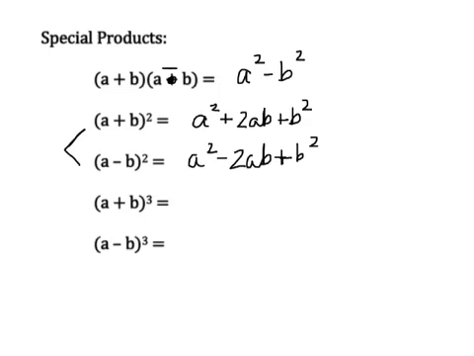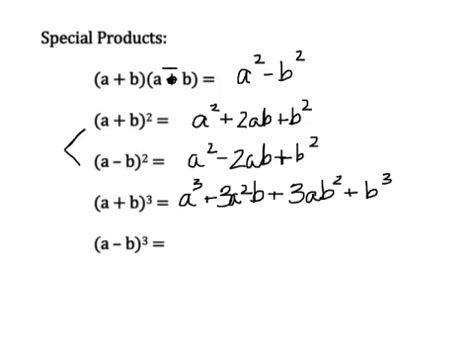Now, I have perfect cube trinomials, and they fit this pattern. A cubed plus 3a squared b plus 3ab squared plus b cubed. That's the result of foiling that and then multiplying again.